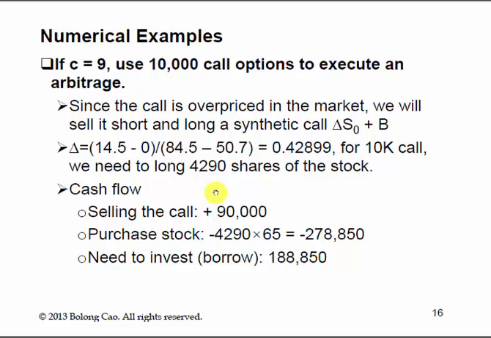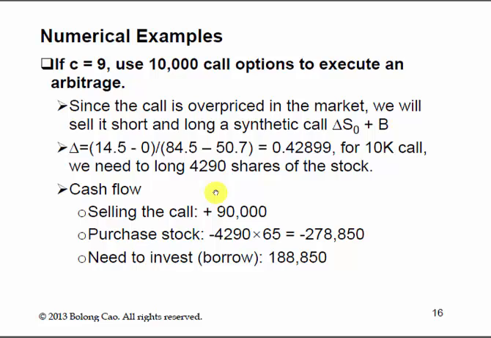It's basically 100 call contracts, if each contract has 100 underlying shares. So just think in terms of shares of the underlying. And we can think about using this call option for 10,000 underlying shares to execute an arbitrage.